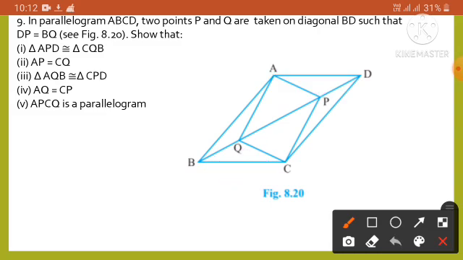So we have parallelogram ABCD here. BD is the diagonal, and points P and Q are such that PD equals BQ.